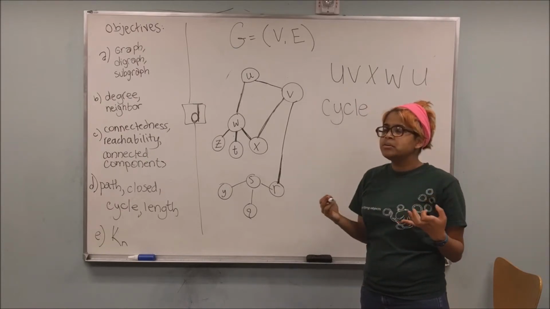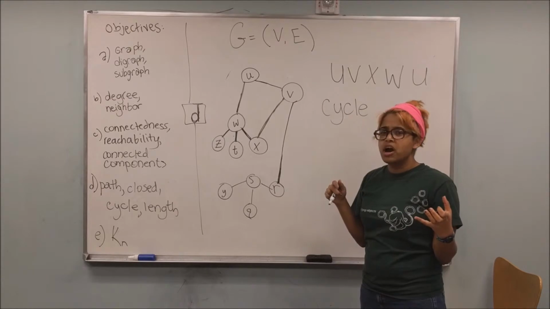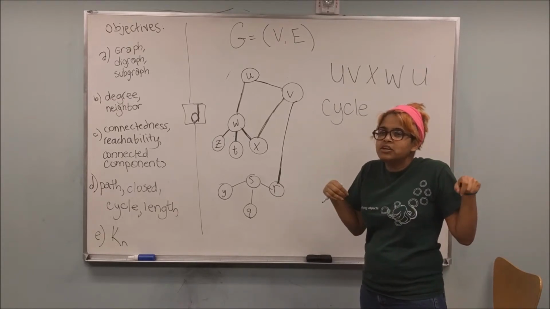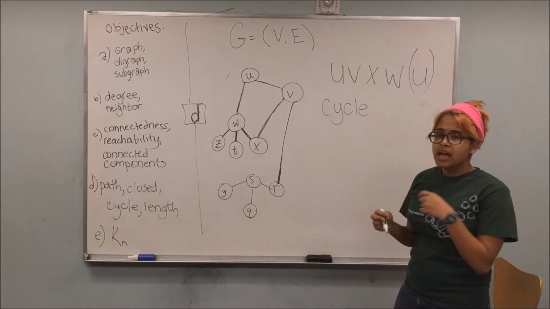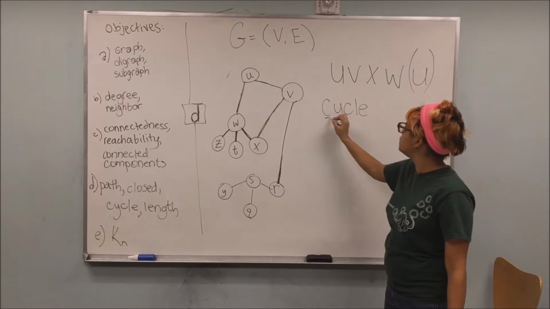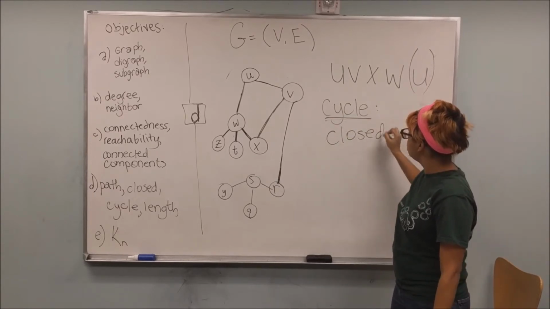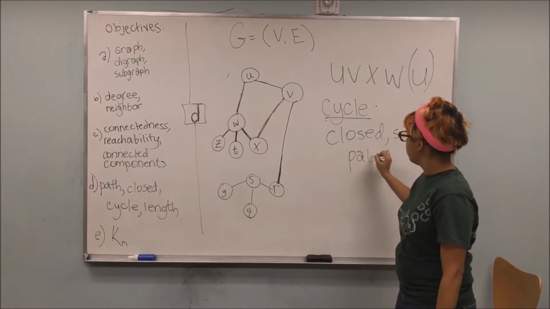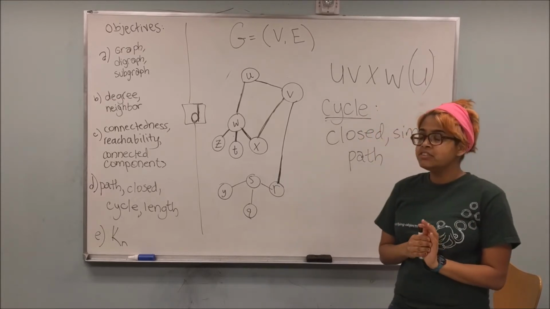So it's simple in that only the first and end node are going to be the same, so there's really no repeats. As long as you call it a cycle, it's kind of implied that you're going to end up where you started, and other than that, there's no repeats. So this is what's called a cycle. And a cycle is a closed, simple path.